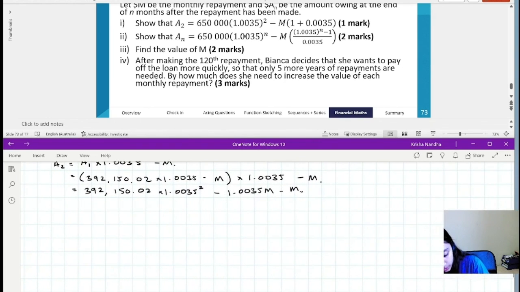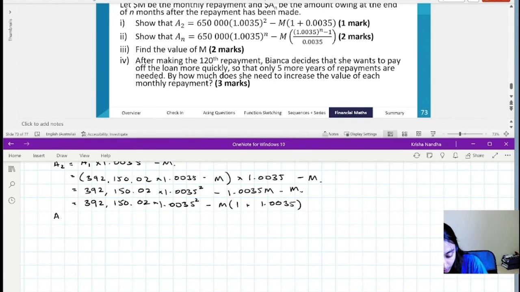I'm going to do the same thing that was done before, and put the M out the front in brackets to make things a bit nicer for me in the future. Minus M times (1 plus 1.0035).